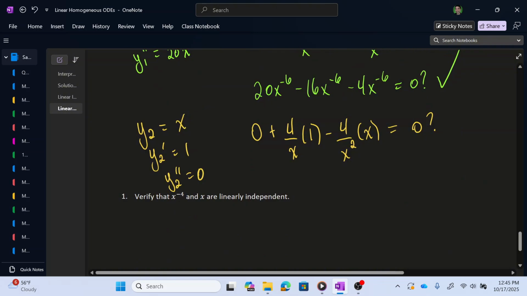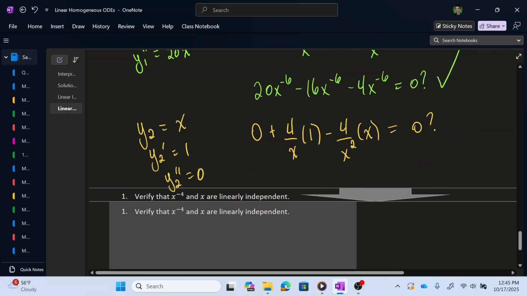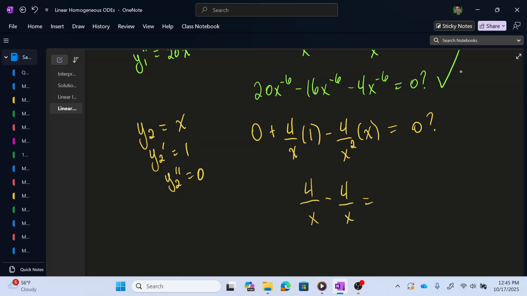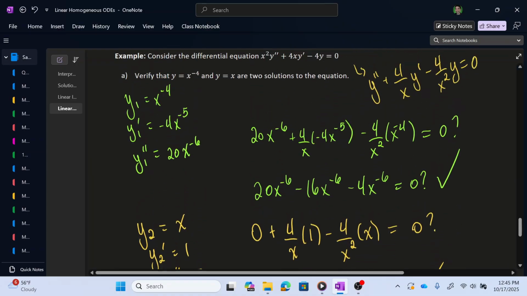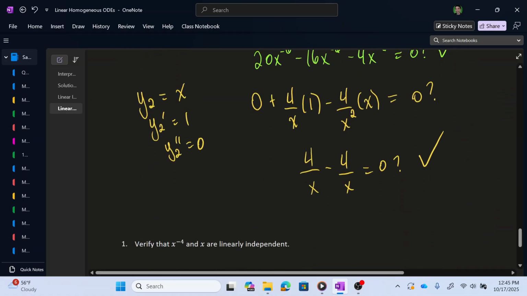If I use the exponent properties and clean this up, on the left side I end up with just 4 over x minus 4 over x. So here we have verified that the functions y1 and y2 that are provided to us are indeed two solutions to the equation because they make the equation true.